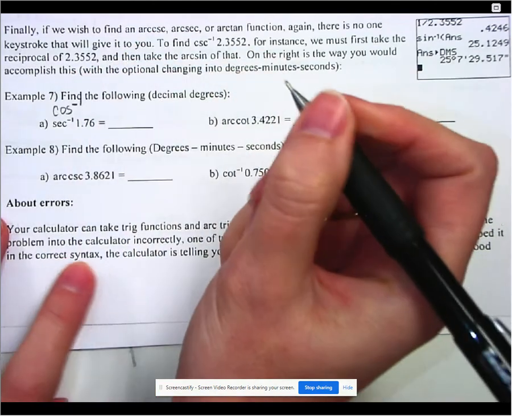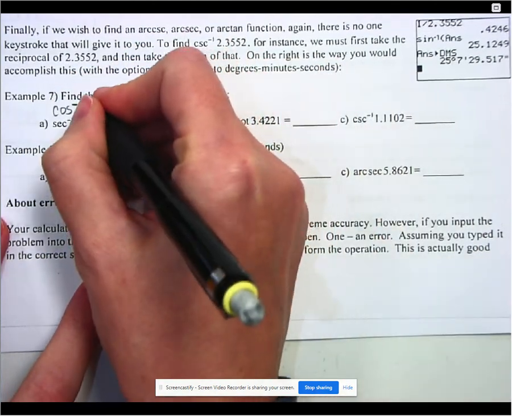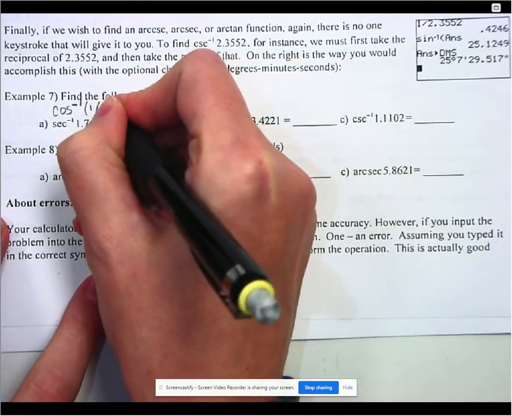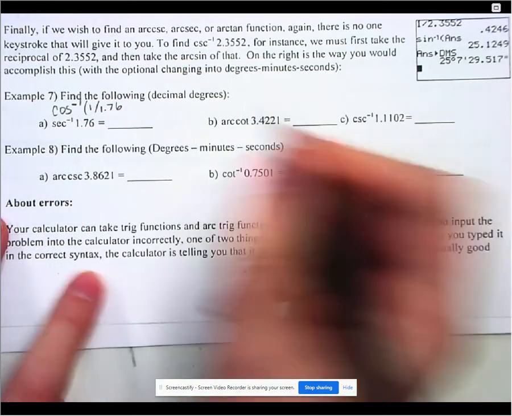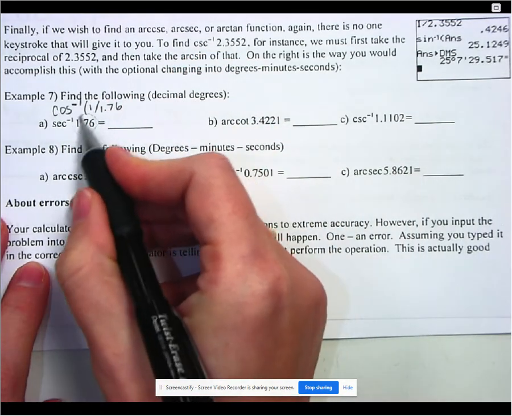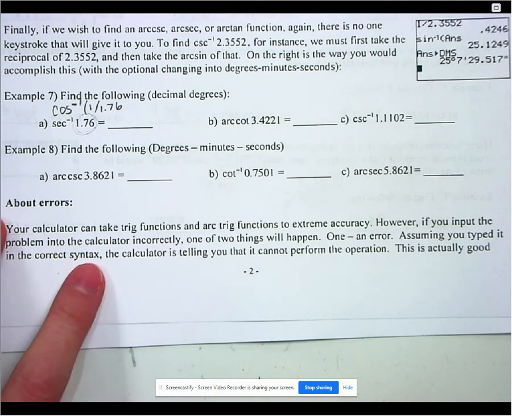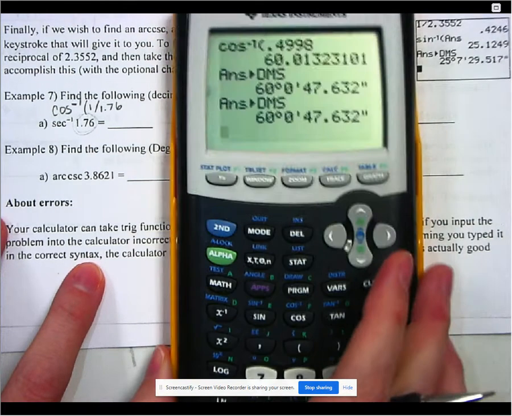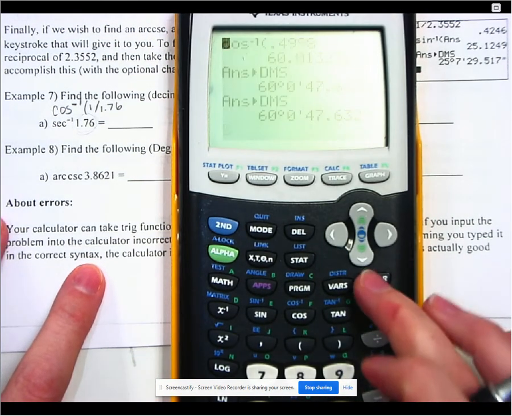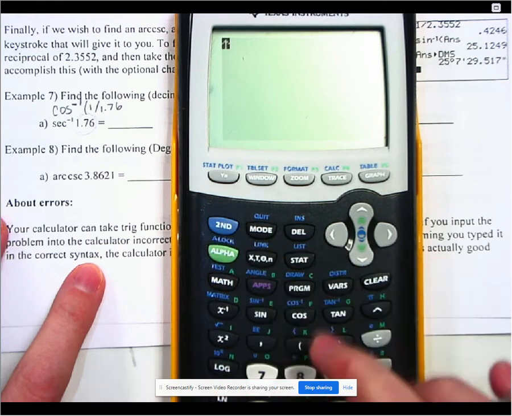So we do the inverse cosine, and then we do 1 over 1.76. Okay, so it's the reciprocal of this, and then you do the inverse cosine. So write that down. I promise you, you are not going to remember that. We won't practice that again after today. So write it down.